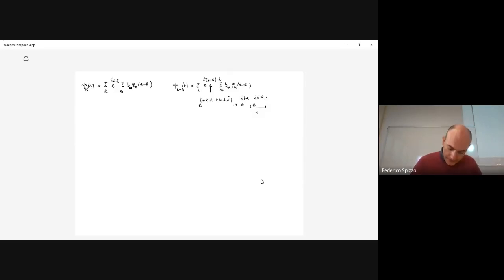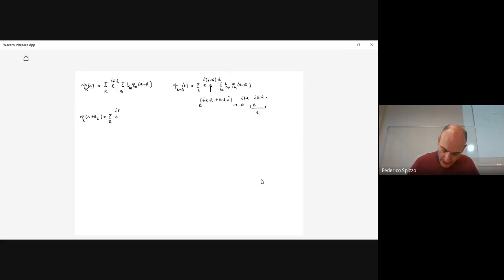We may just check if we have the right behavior in the direct space. So we may just sum R1, a vector of the Bravais lattice, to the position in the direct space, and that is equal to the summation over the vectors of the Bravais lattice.